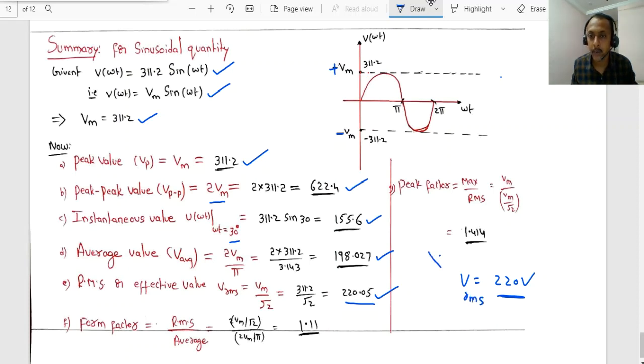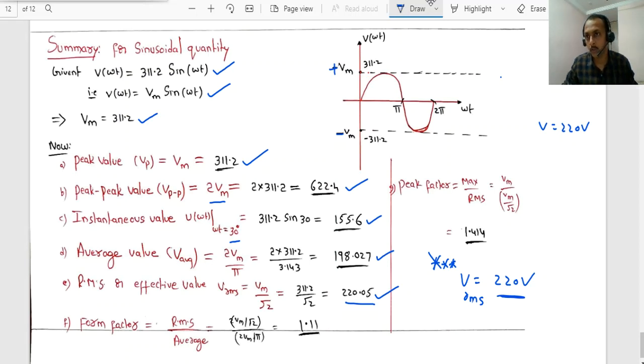Very, very important. In any problem, they won't say specifically that it is an RMS value. Simply they will say a voltage of 220 volt. How do you understand that value? Out of these many values, is it a peak value, peak to peak value, instantaneous value, or average value?